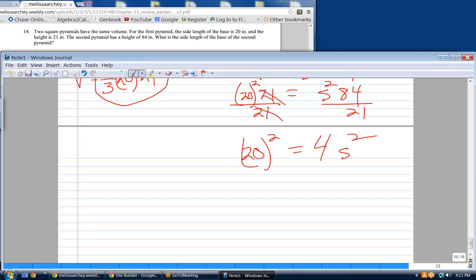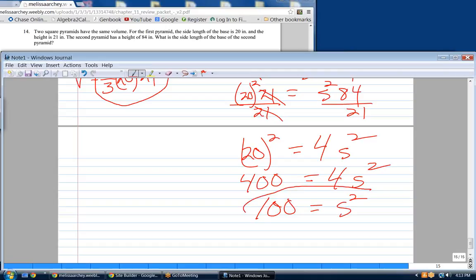What's 20 squared? 20 squared is 400. What's next? Then you divide everything by 4. So 100 equals s squared. How do you solve this for s?